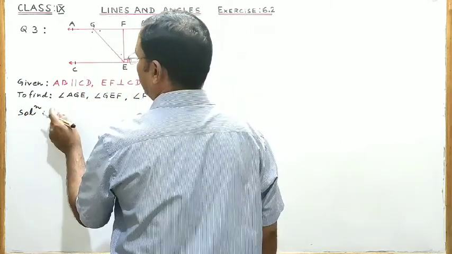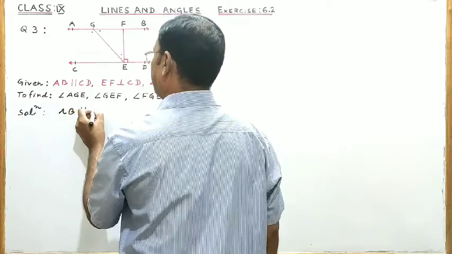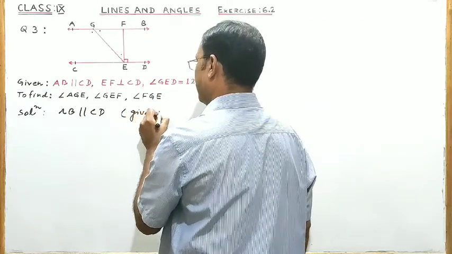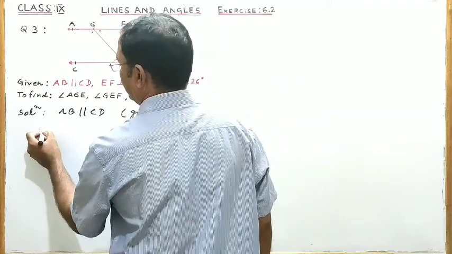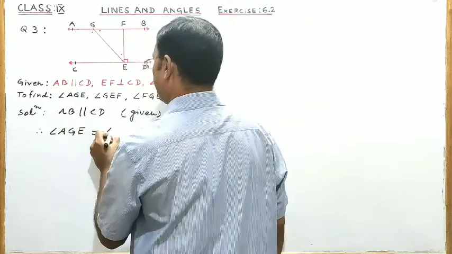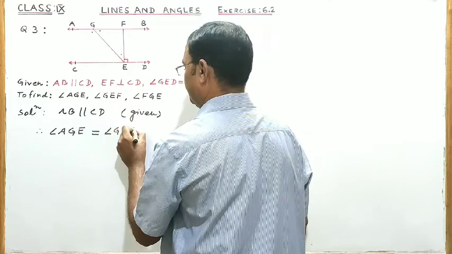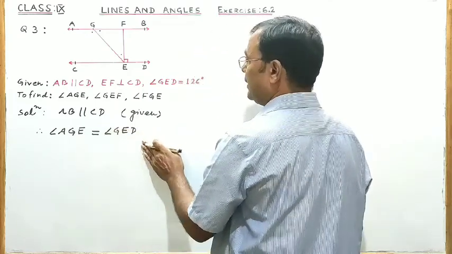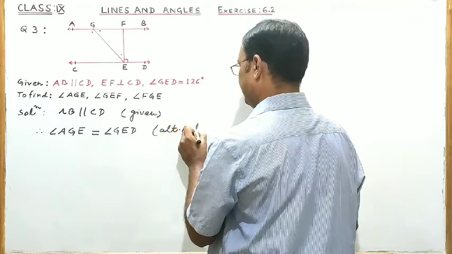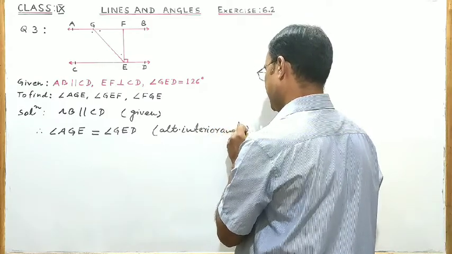AB is given parallel to CD. Therefore, angle AGE is equal to angle GED, alternate interior angles.